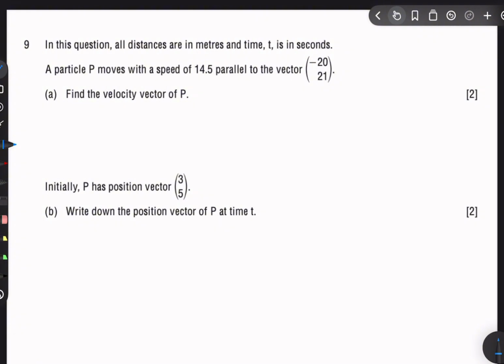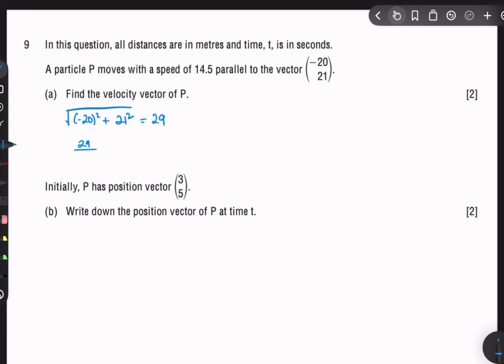Next question. A particle P moves with a speed of 14.5 parallel to the vector this. Part A, find the velocity vector P. Okay, so we need to find the magnitude of the vector and then compare it to the speed given so that we can find the velocity vector. To find the magnitude, we just need to use Pythagoras, and we should get 29.